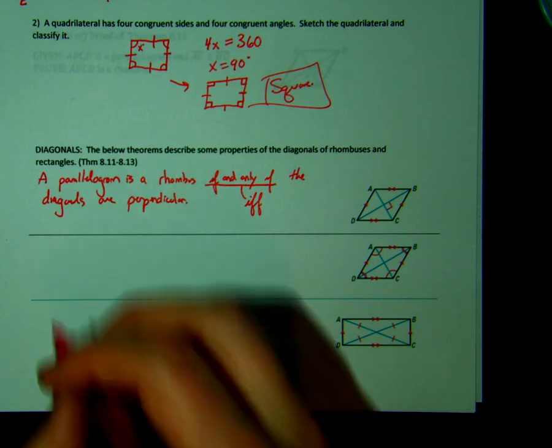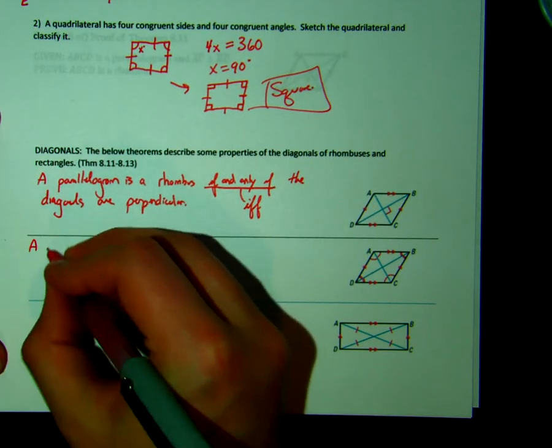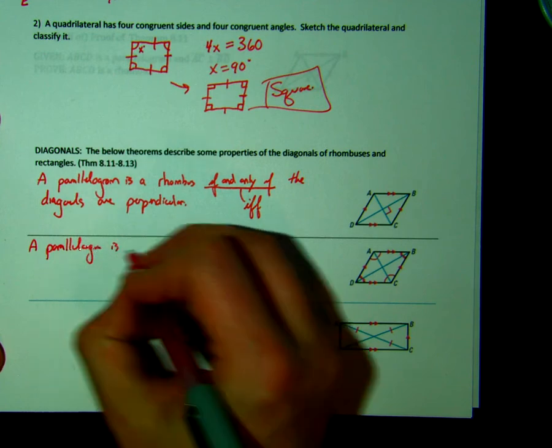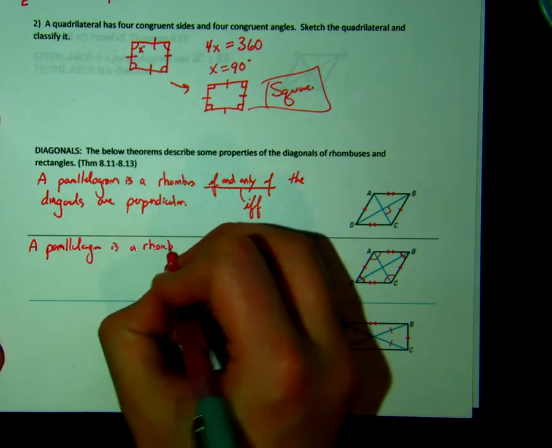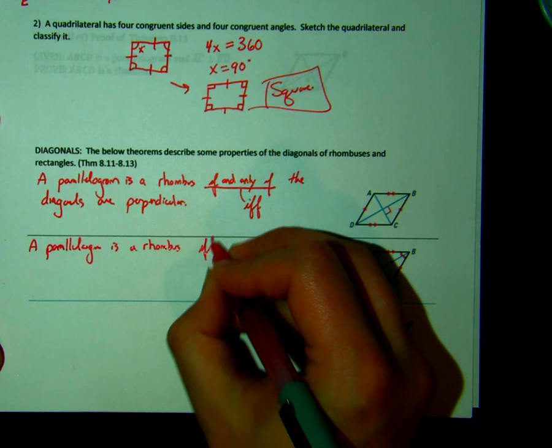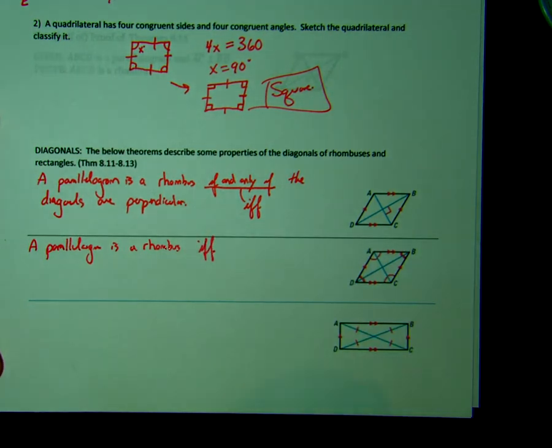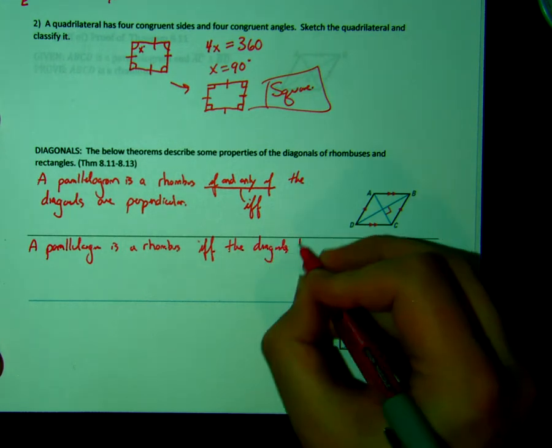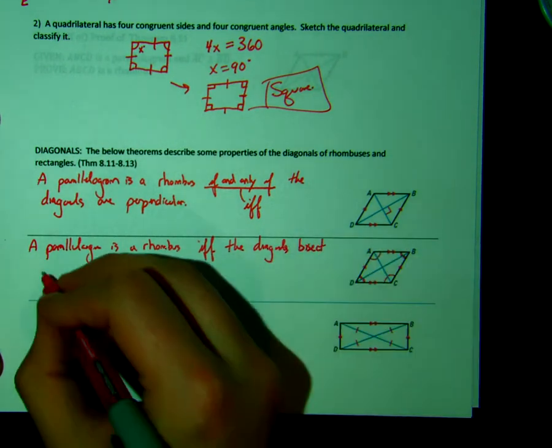Another property here to determine if it is a rhombus. So a parallelogram is a rhombus, again, if and only if the diagonals bisect the opposite angles.